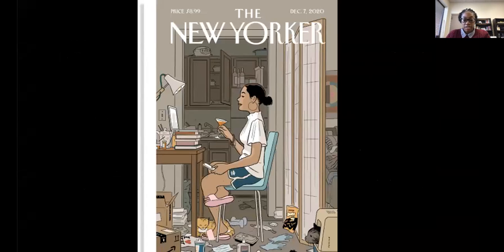So here is an example of magazines and illustrations. This right here was published December 7th, 2020. This was for the New Yorker, and it was an illustration by Adrian Tomine. It's called Love Life During the Zoom Era.